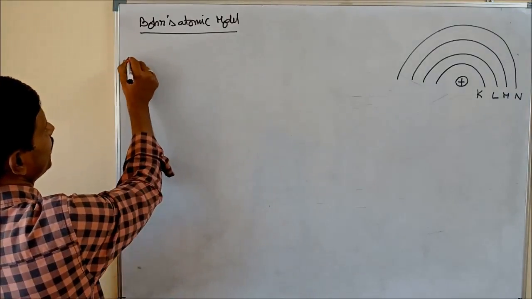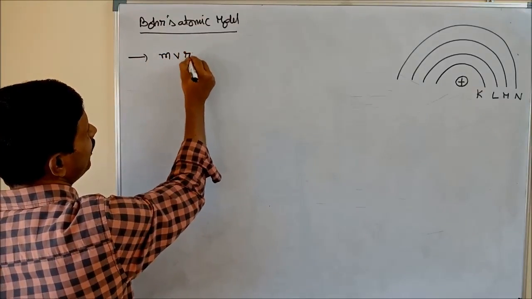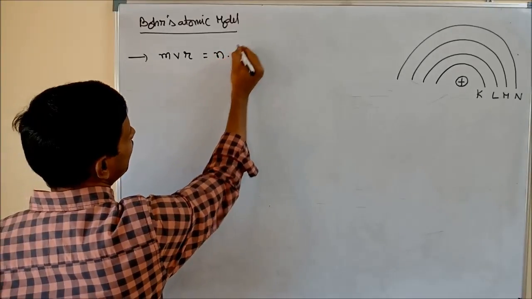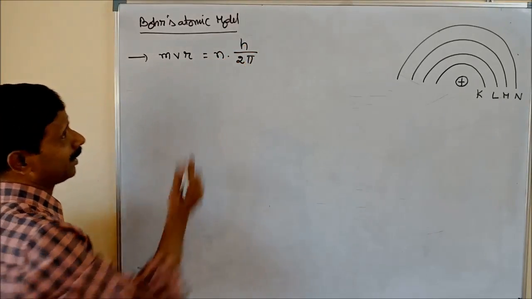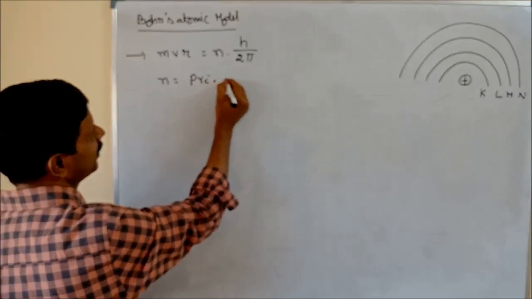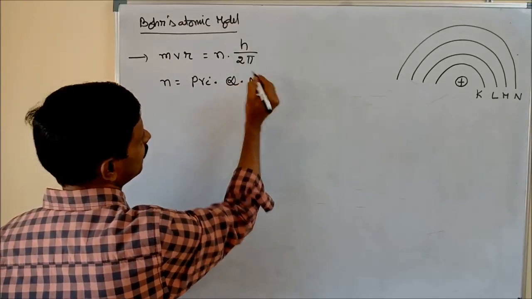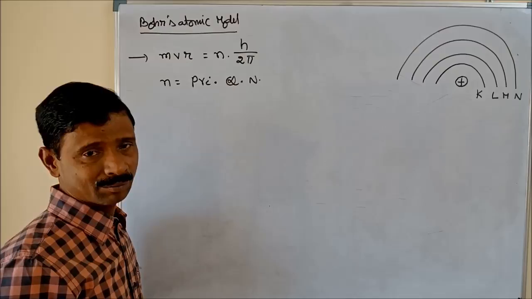So now, if you observe that postulate, angular momentum mvr is equal to n into h by 2 pi, where n is nothing but the principal quantum number, which is the number of the orbit.